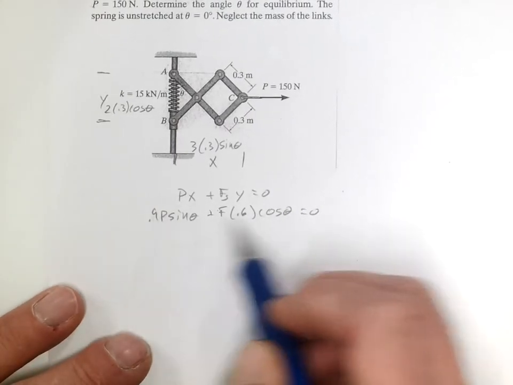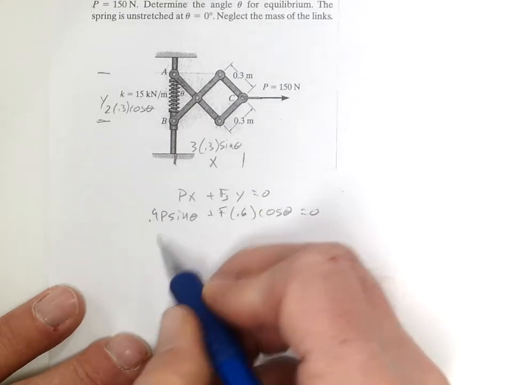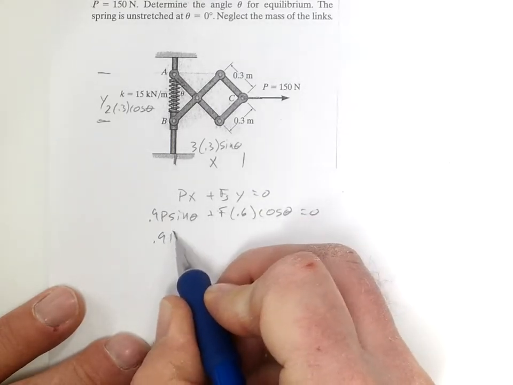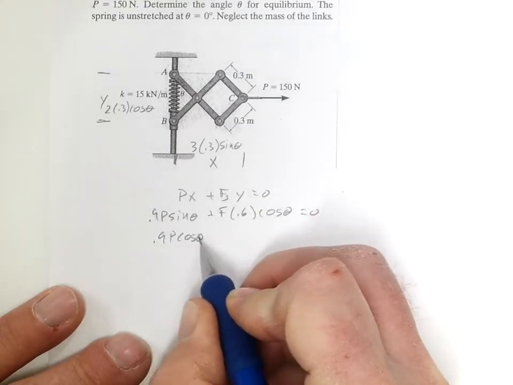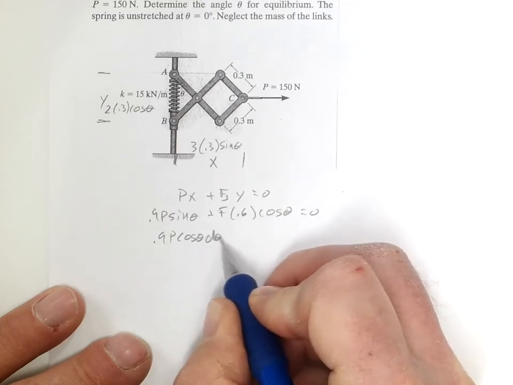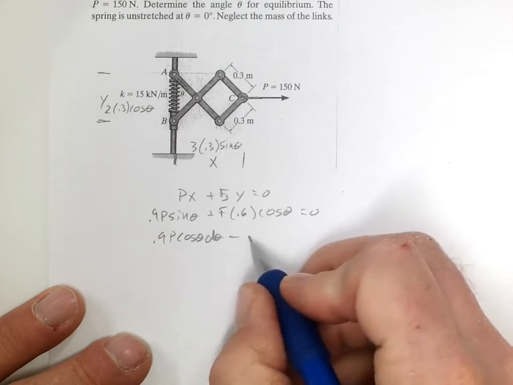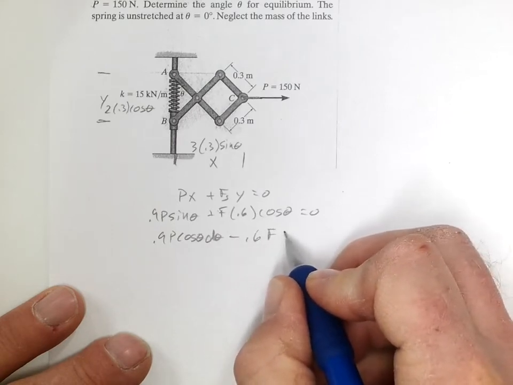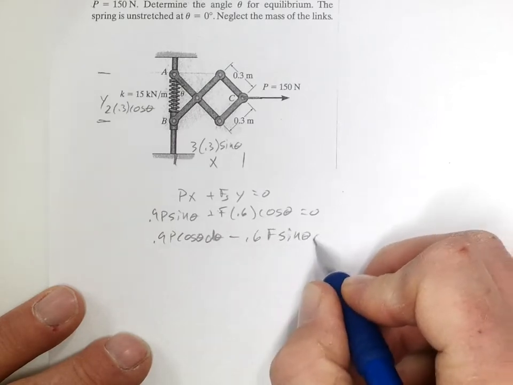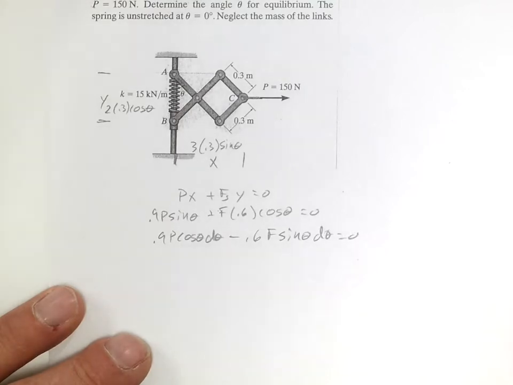Let's take the derivative now. So we have 0.9 P cosine theta d theta minus 0.6 F sine theta d theta equals 0.